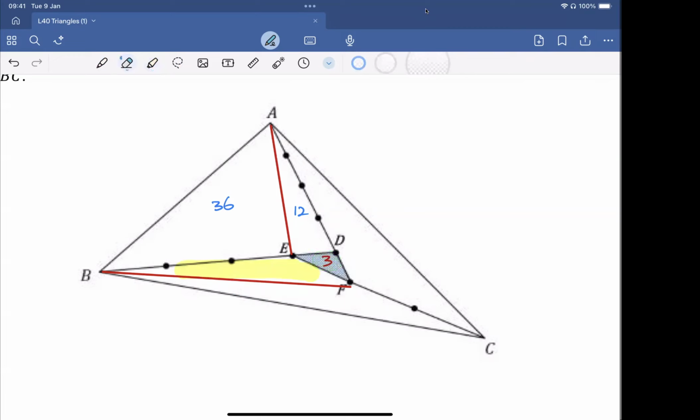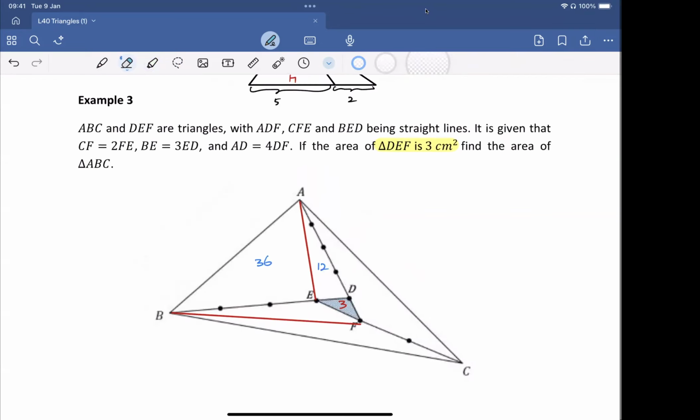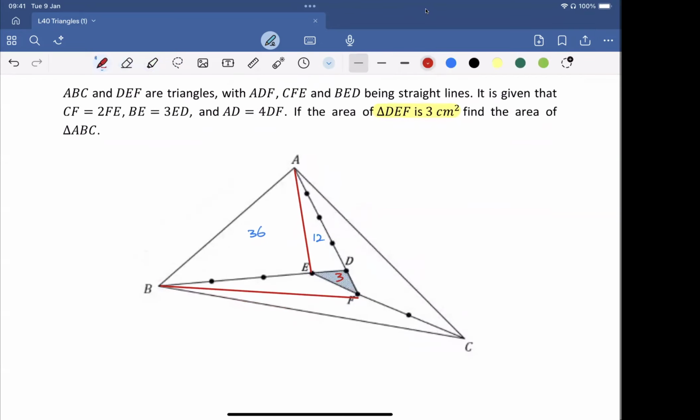Then after that, you can continue to compare this triangle with this triangle because they all have the same height. Yes or no? So students, compare all the triangles one by one. Then you can find the total area of the entire thing. I'll give you 2 minutes. Your time starts now.